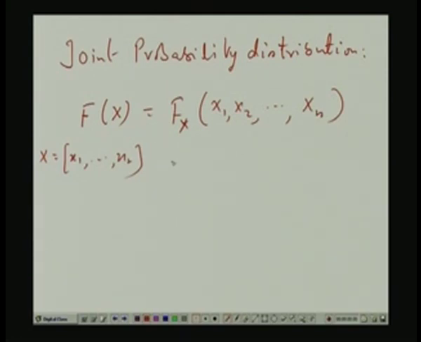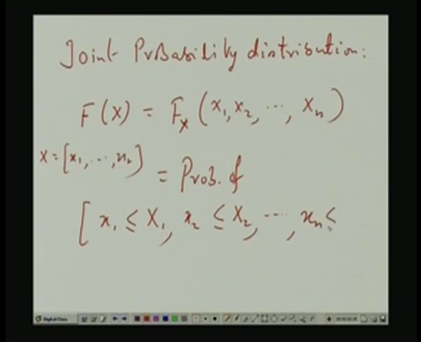It means the probability of this event: x1 less than or equal to capital X1, x2 less than or equal to capital X2, up to xn less than or equal to capital Xn.